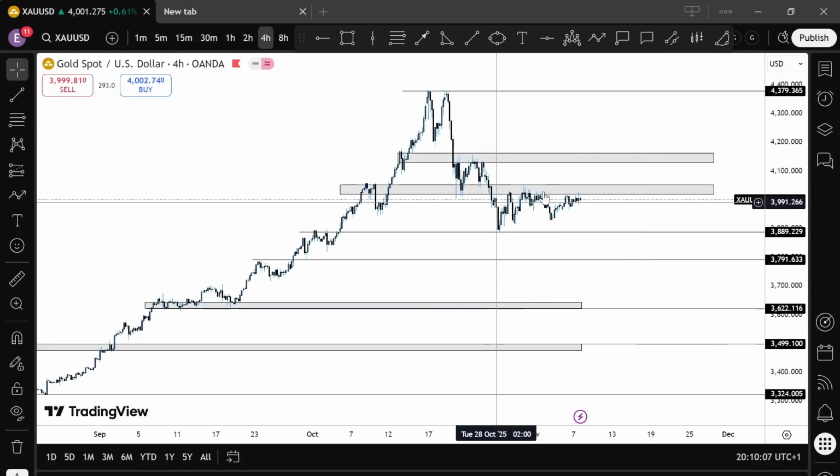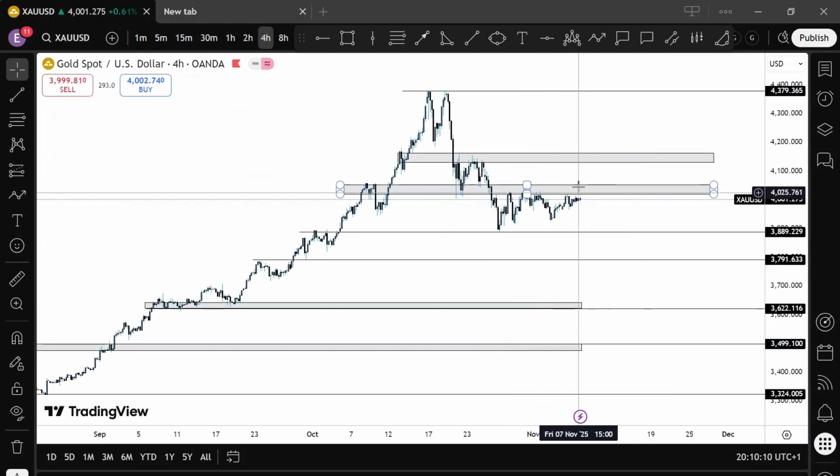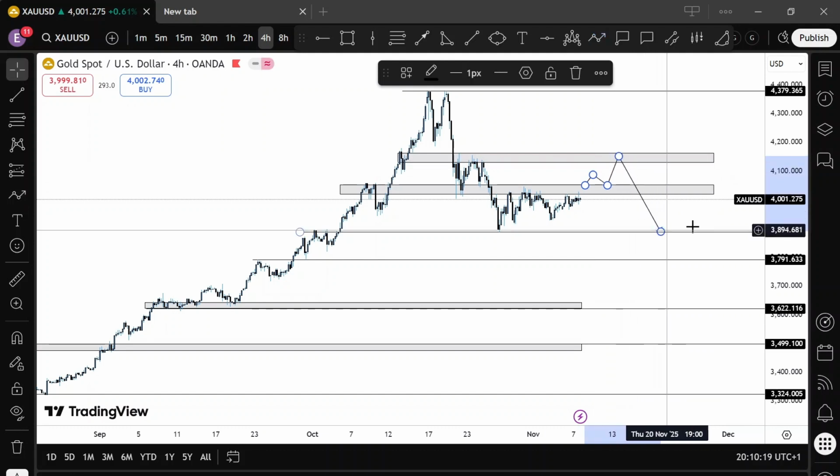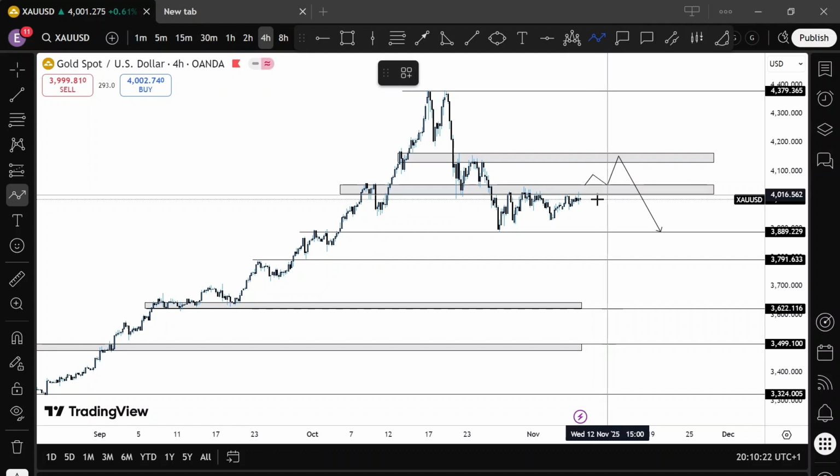And gold, we had this fluctuation last week here. Basically my analysis will remain the same. If we get price above this region, then we might retest this point and maybe start selling back again to the downside, or we could just start selling from these regions down here, and create a new low maybe to this point.